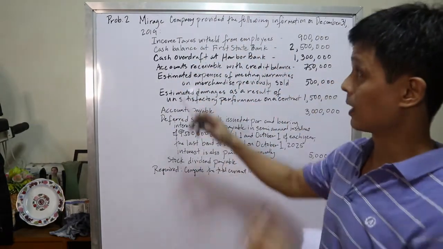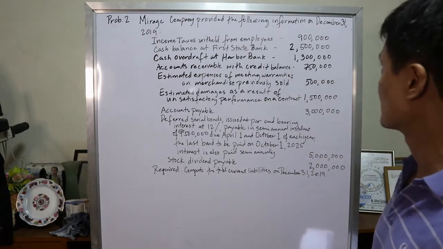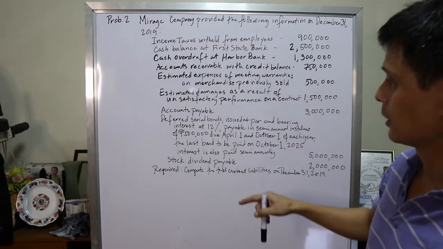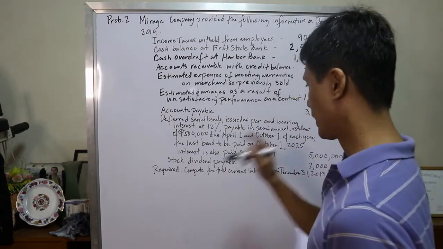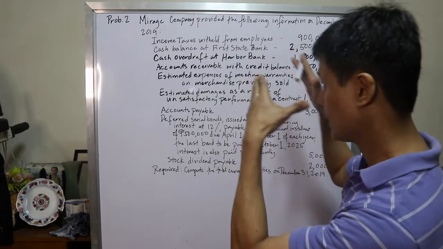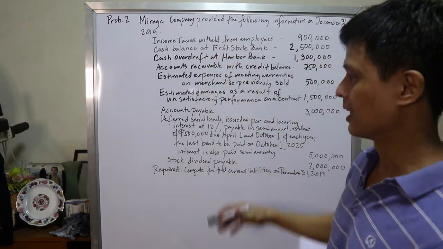Problem number 2 is about Mirage Company, which provided the following information on December 31, 2019. What did I say? We need to look at the requirement first before we solve the details.